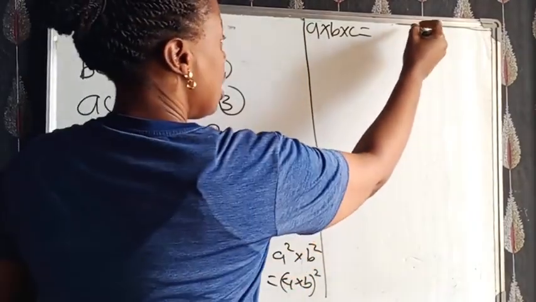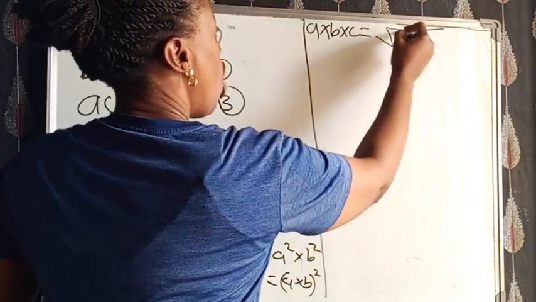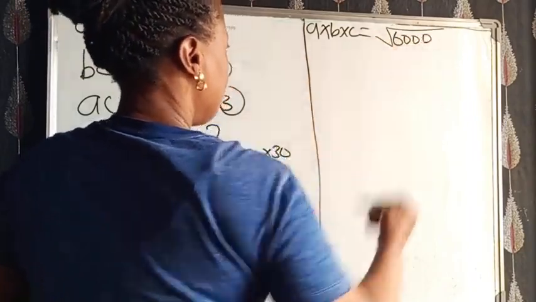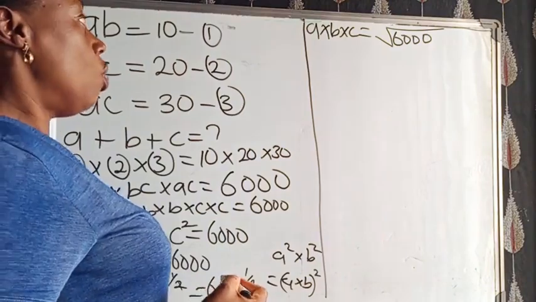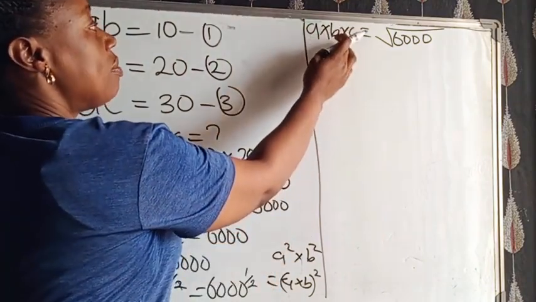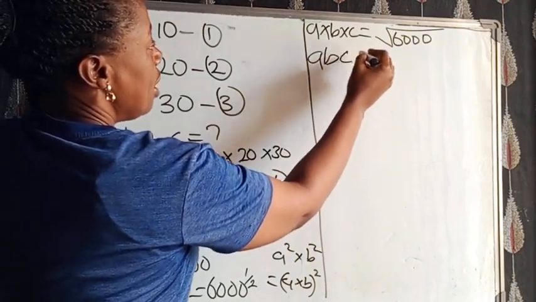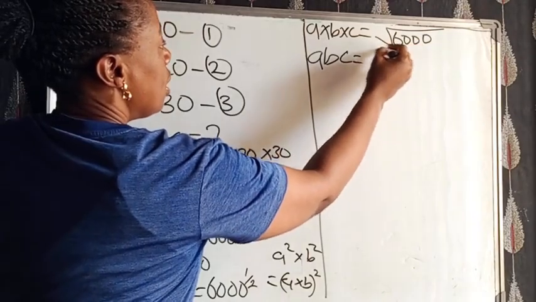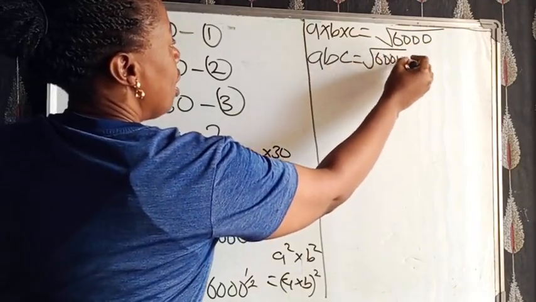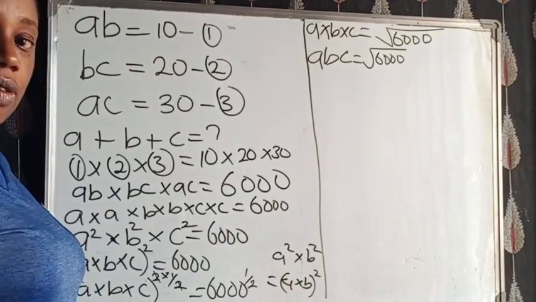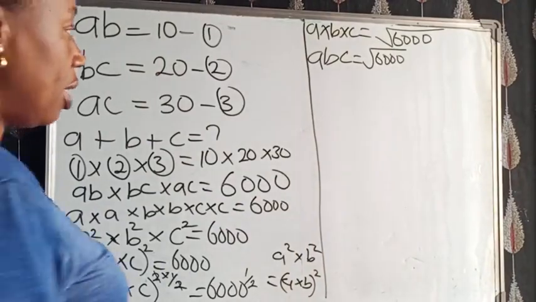So it's going to be the square root of 6,000. So A times B times C, the same thing as ABC, equals the square root of 6,000. Now to find the square root of 6,000, let us divide.